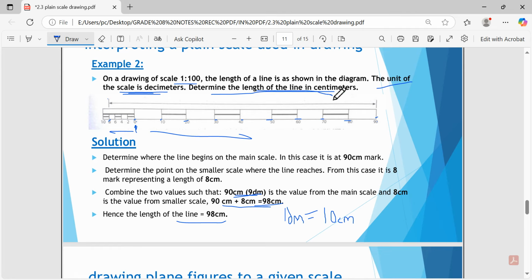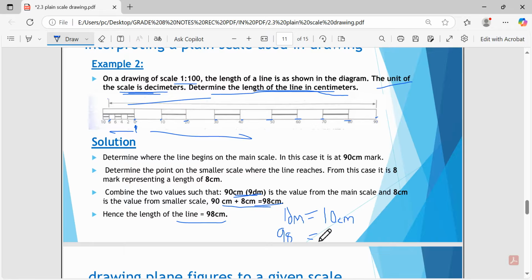On the plane scale the unit of measurement is decimeters, and you're told to determine the length in centimeters. So the correct thing to do is this: we've gotten that from this point to this point it's 98 decimeters, so you'll say if 1 decimeter is equal to 10 centimeters, what about 98 decimeters?